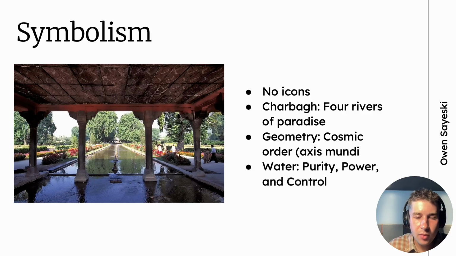And then a charbagh, what I was saying earlier, represents the four rivers of paradise. So in almost every Mughal garden you see, there will be a charbagh. Geometry is the cosmic order, also known as axis mundi, and water represents purity, power, and control.